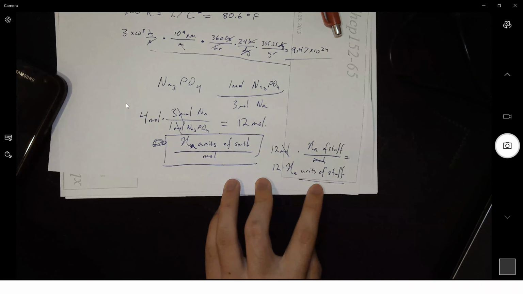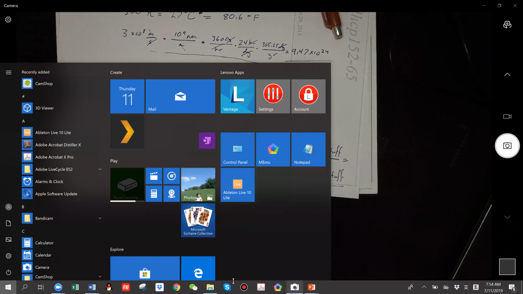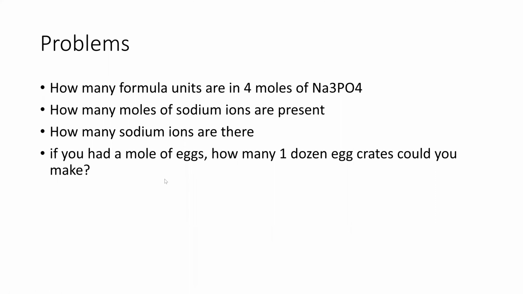So as one final question, just to make sure everyone understands what the mole really means. Let's say you became a trillionaire or something like that, and you bought 1 mole of eggs. How many 1 dozen egg crates could you make from your 1 mole of eggs?